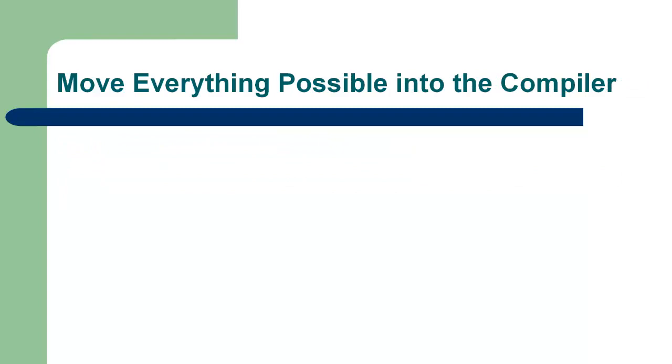Okay, and we want to move everything possible into the compiler. So we want the compiler to be as powerful as possible. And so what could we move there? We can get rid of all of our input and output and our data movement into the compiler. So we get rid of file reads and writes out of our source code. We need a place for all knowledge.